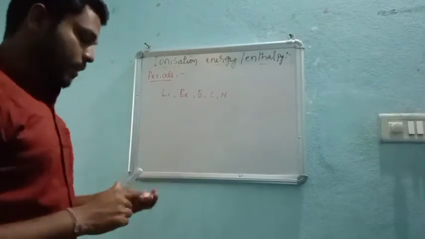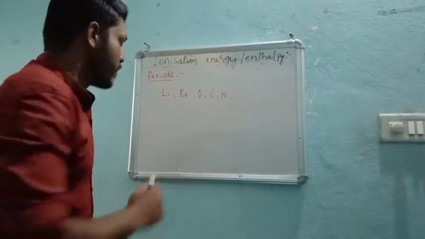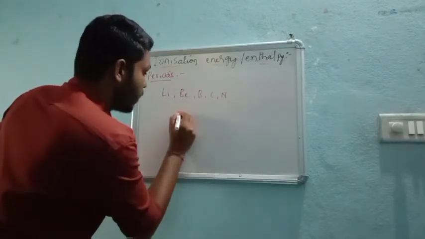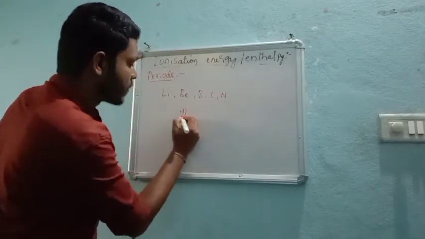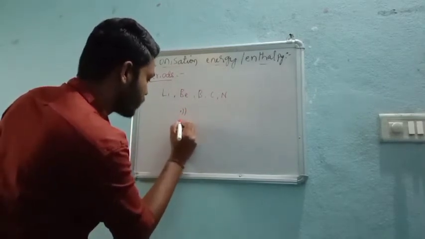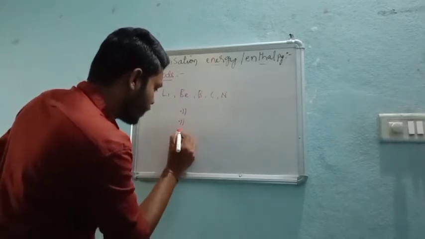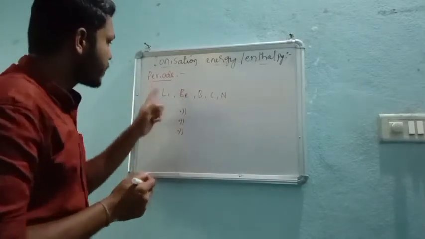Now in this case, regarding atomic radius, what we saw is that atomic radius goes on decreasing. Consider this as the lithium nucleus, this is beryllium. Why does the atomic radius decrease in the period?